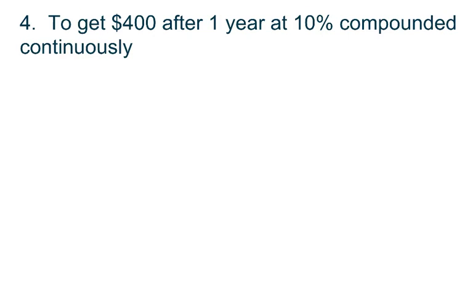Alright, the next one, did I write continuously again? We have 400. Since it's compounded continuously, we have P equals A times e to the negative rt, because that's your compounded interest continuously formula.